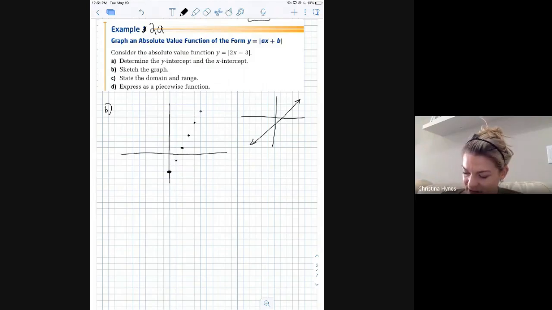So this is kind of trying to show you how understanding is built from this. So if this is my original graph, all you have to do to make your absolute graph is this part stays the same. So I'm going to redraw this part because it's positive. The x-intercept remains the same. But then this point right here, do you see how it's one distance away from your x-axis?